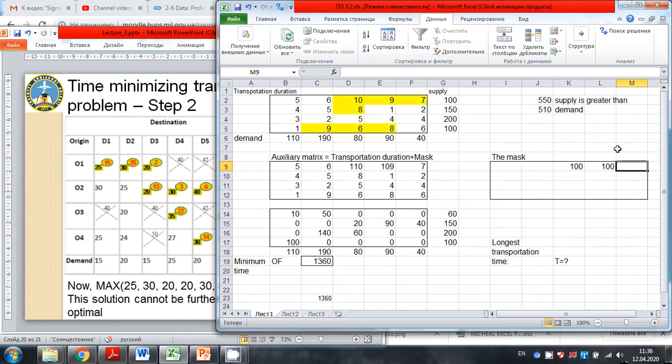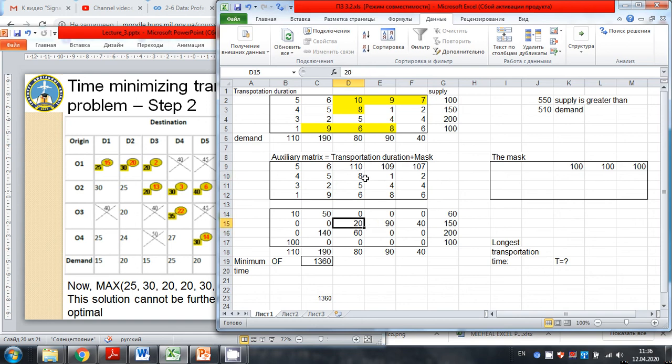Now we see that the longest transportation time represented here is 8 hours. So we can cross out everything up to the 8. So we cross out 8.